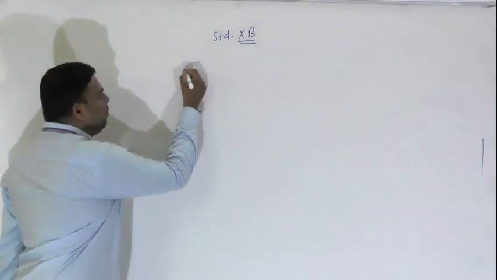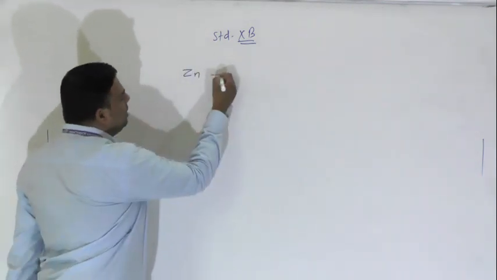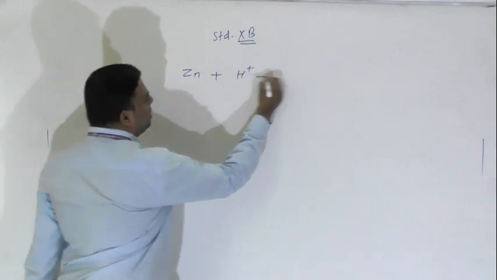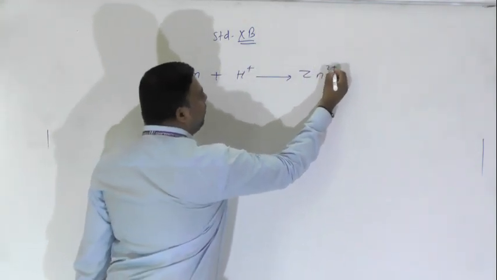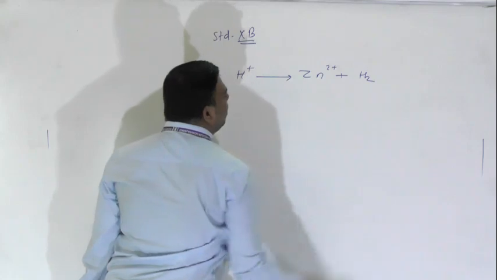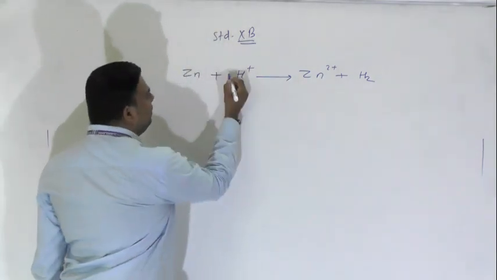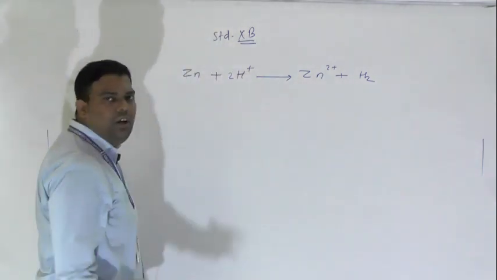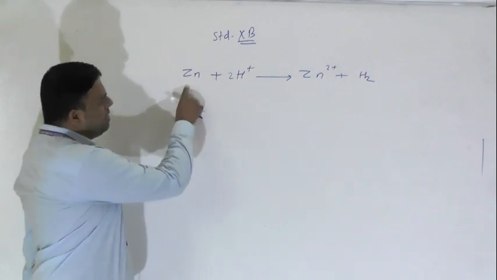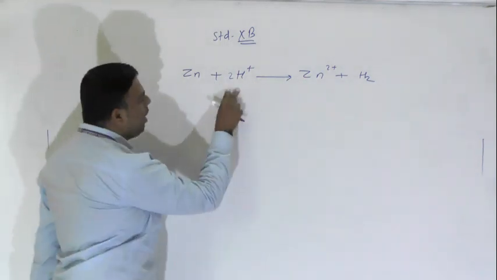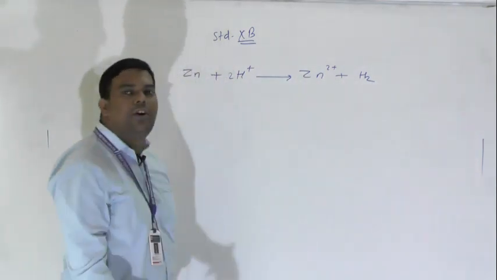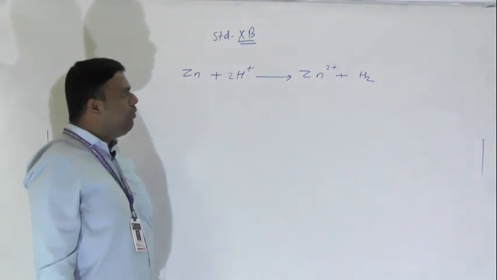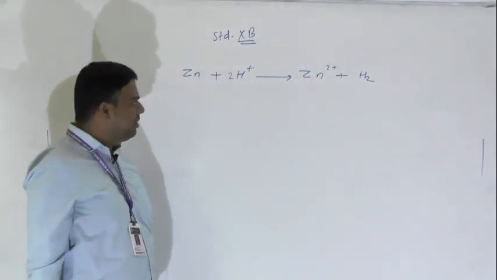Suppose they gave an example like this: Zn plus H plus gives Zn2 plus and H2. For balancing, take 2 here. Now see, one Zn here, one Zn there, 2 hydrogens here, 2 hydrogens there. Now our atoms are balanced.